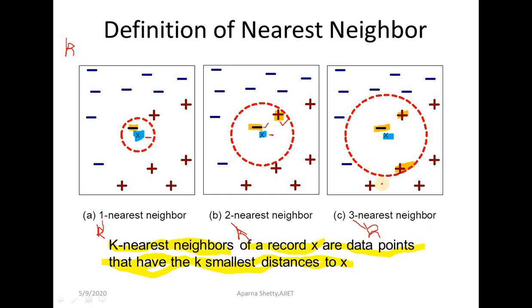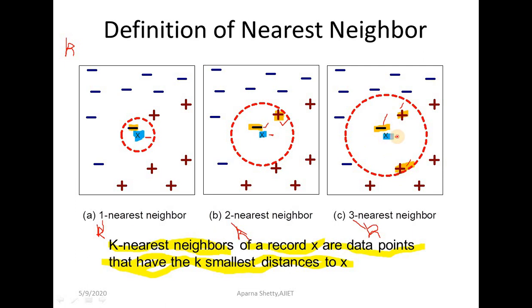Next you come to the three nearest neighbors. This is the test data and these are the three nearest points. Now which class label will you assign to X, plus or minus? In this case, among the 3 points, 2 have class label plus.